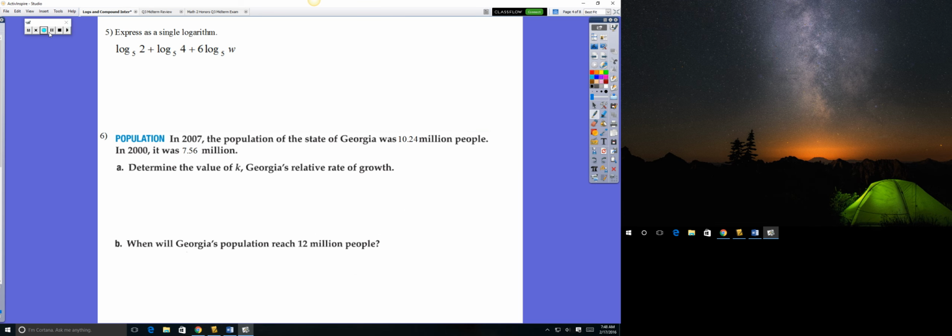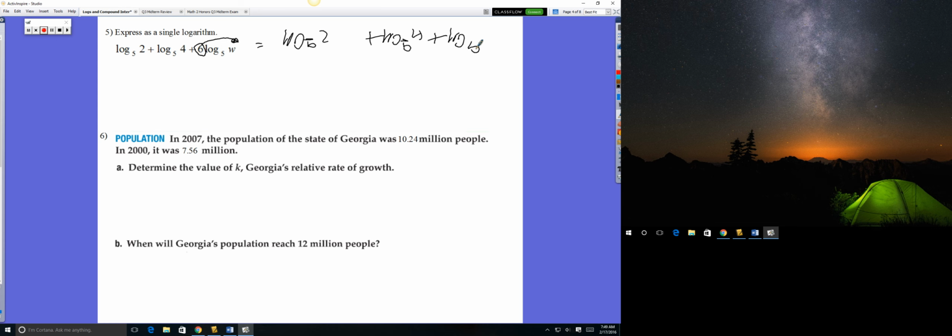Number 5 has been written out as the sum of 3 separate logs. We're going to combine them down into one single log. So first move, I'm going to take this 6 and put it up here as the exponent. So it's going to be log in base 5 of 2 plus log in base 5 of 4 plus log in base 5 of w to the 6.